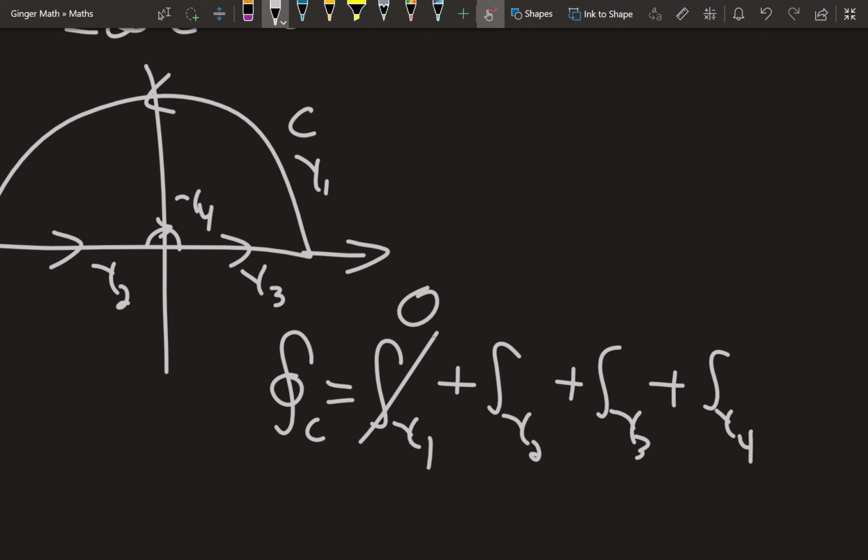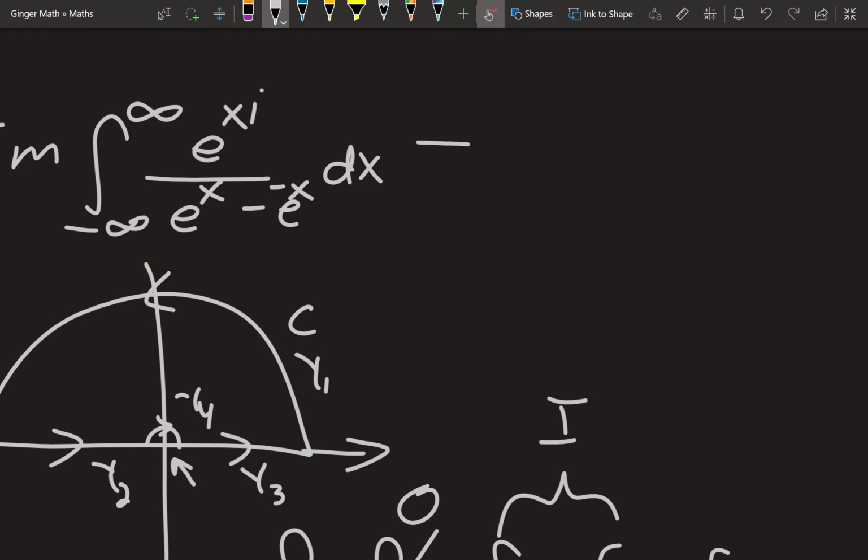And the integral over gamma 2 plus the integral of gamma 3, in the limit, as this semicircular piece right there approaches 0, we know that these two together, because we're adding them, is just going to be the integral over the entire real axis. So, if you like, I'll define this up here, I guess.